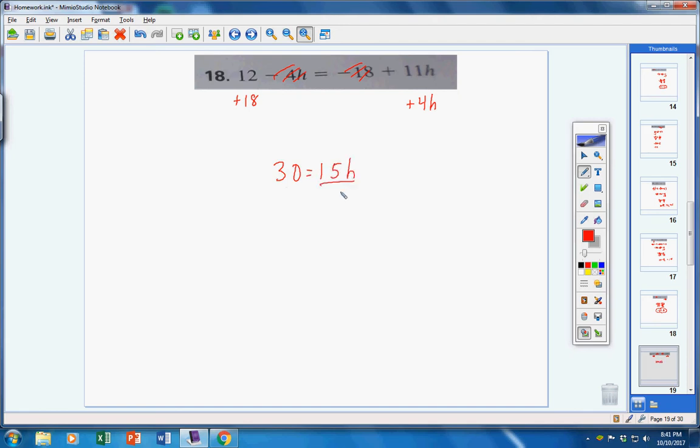Equals 15h. Divide both sides by 15. These cancel. H equals 2. 30 divided by 15. Alright? Moving on.